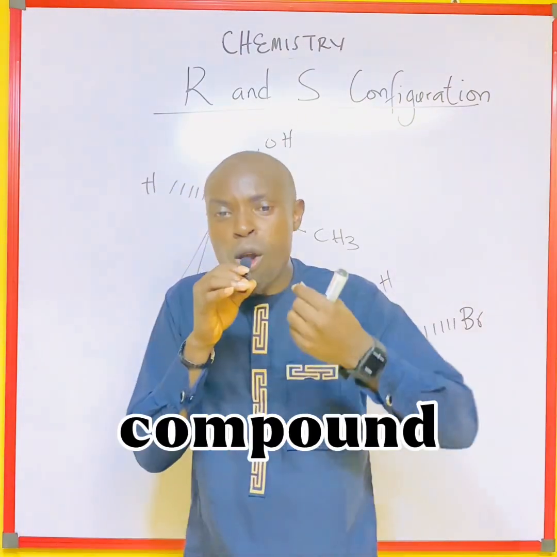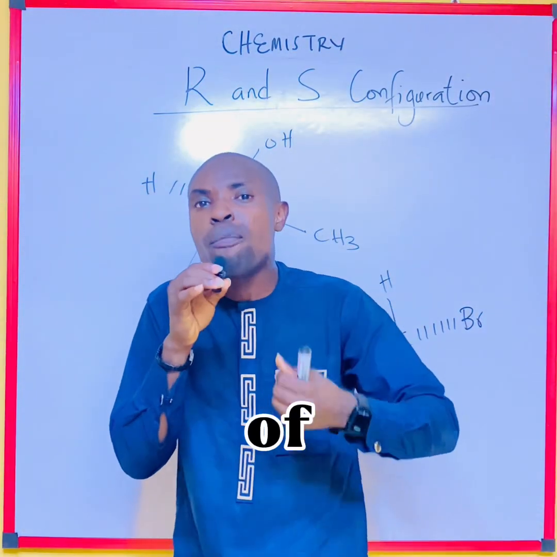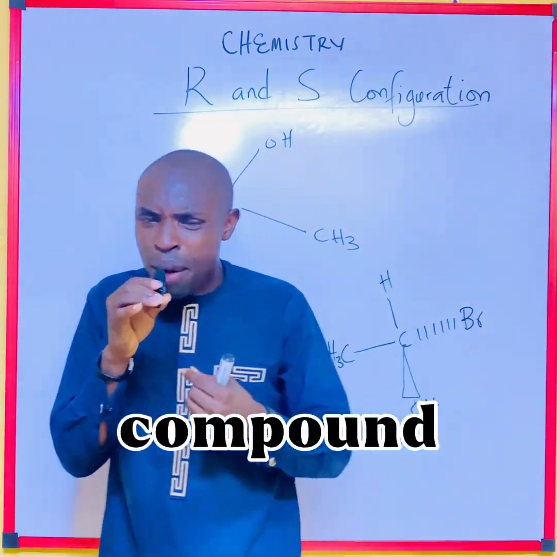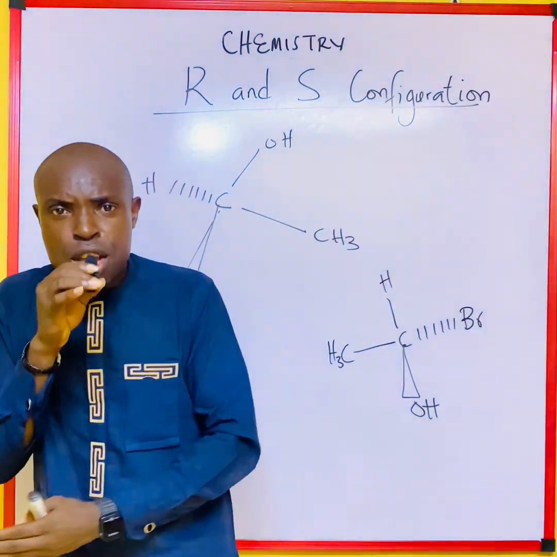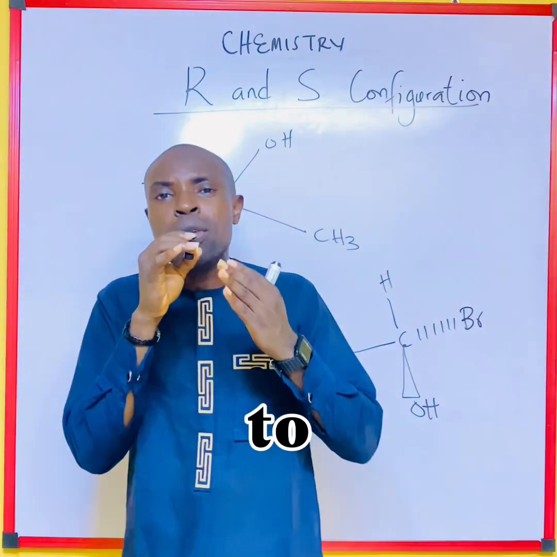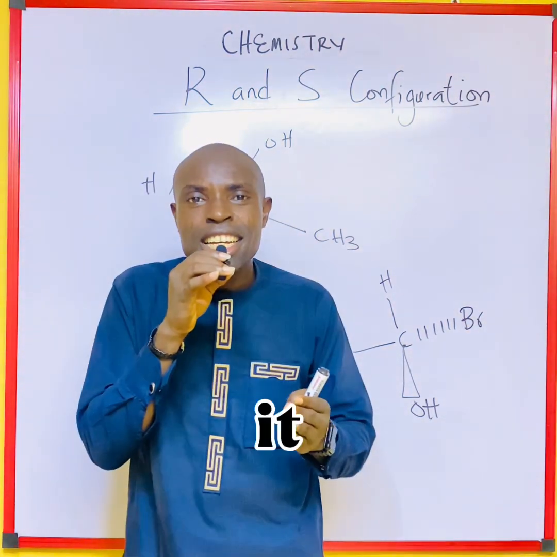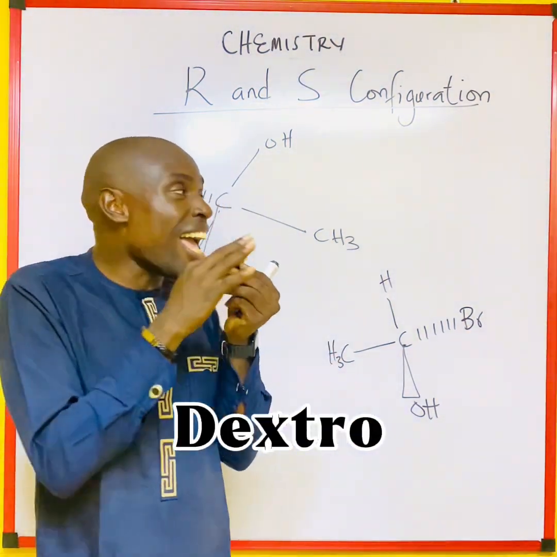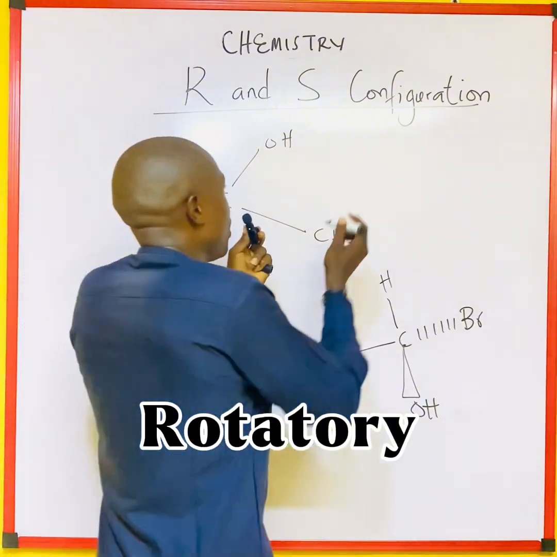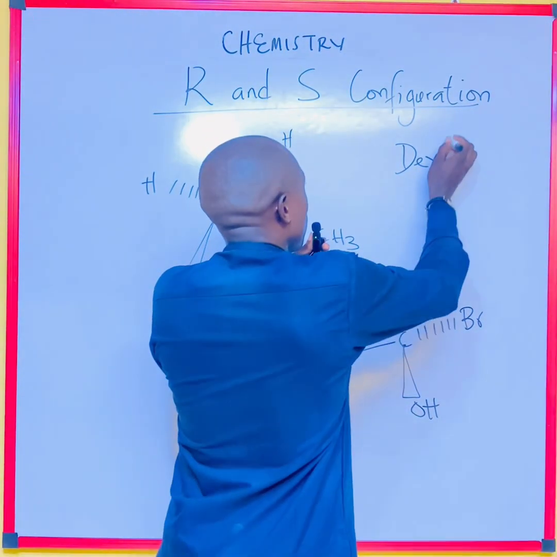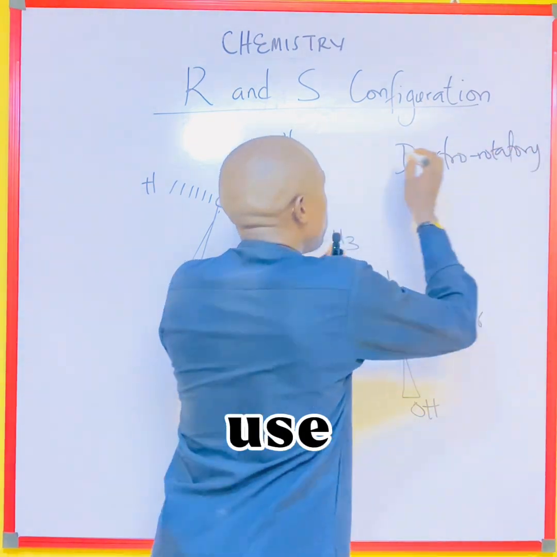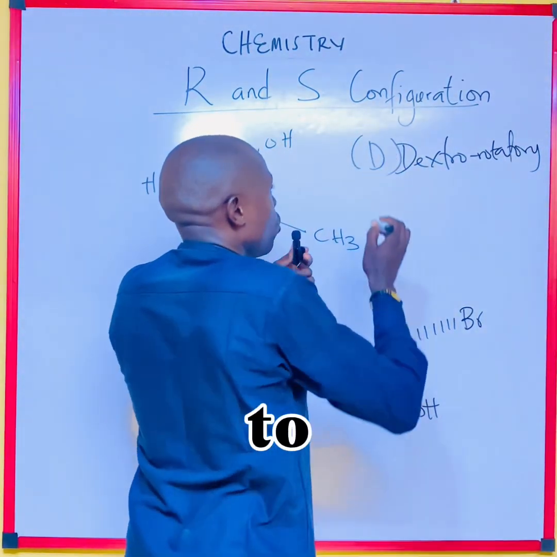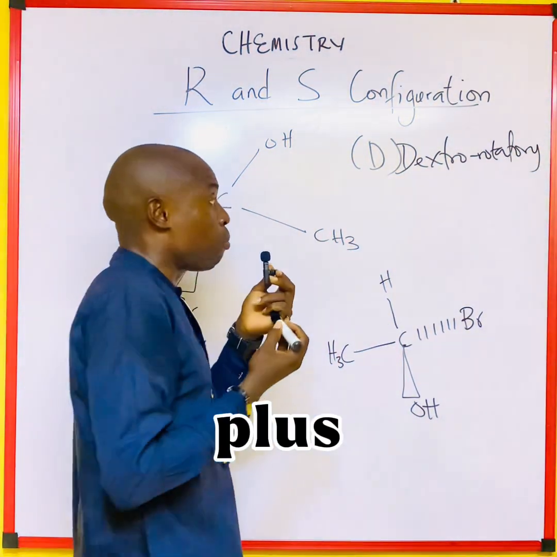So if a compound is able to rotate the plane of polarized light, that compound can rotate it either to the left or to the right. If a rotation is to the right, it is called dextro-rotatory. And we use the symbol D to denote it, or plus.